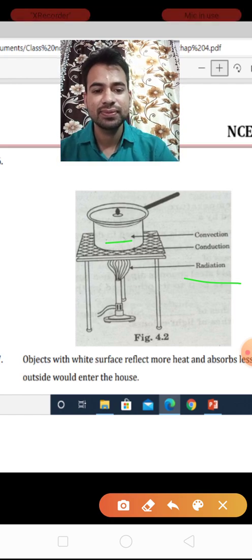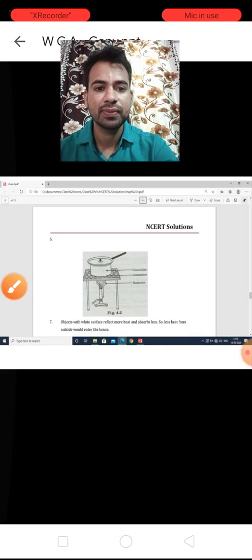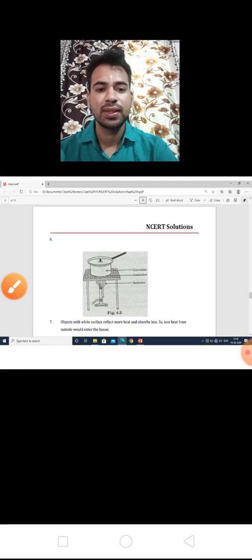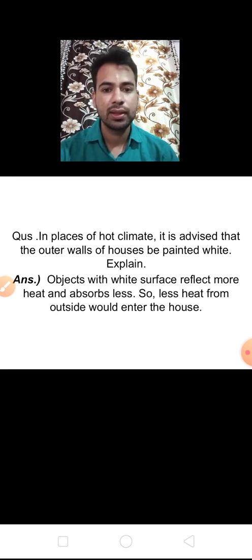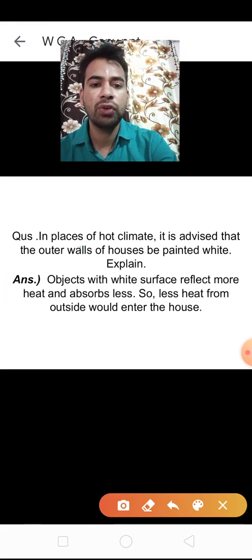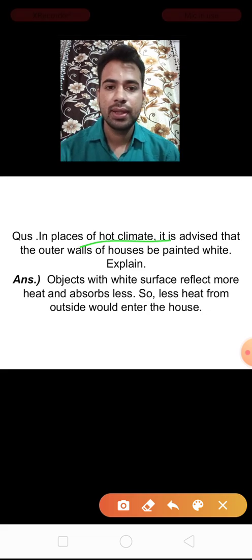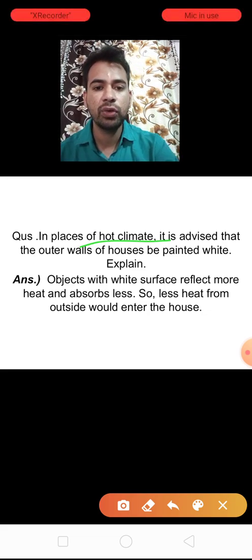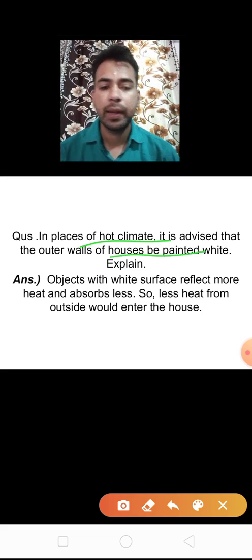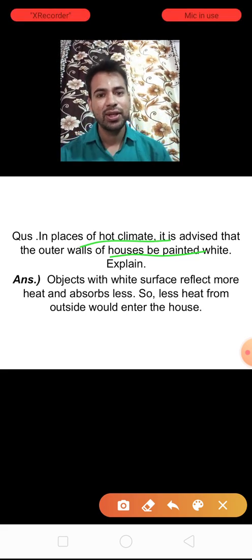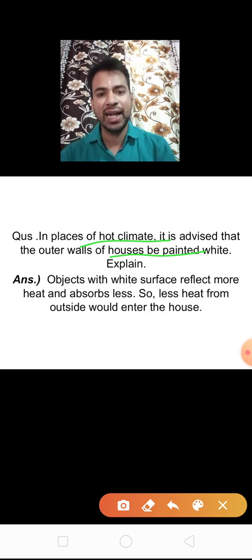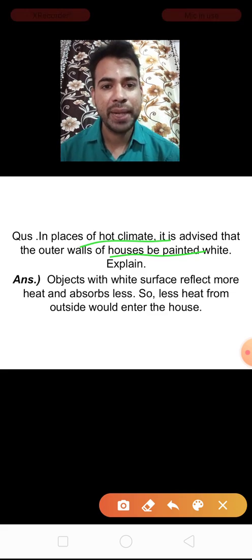Clear? Any problem? Next, I think it's the last question: in places of hot climate, it is advised that the outer walls of the house be painted white.